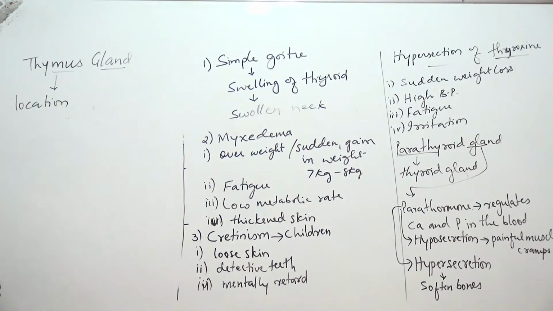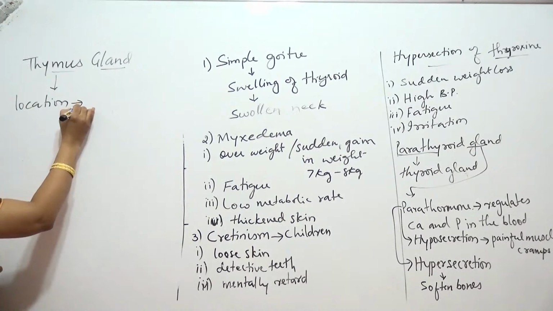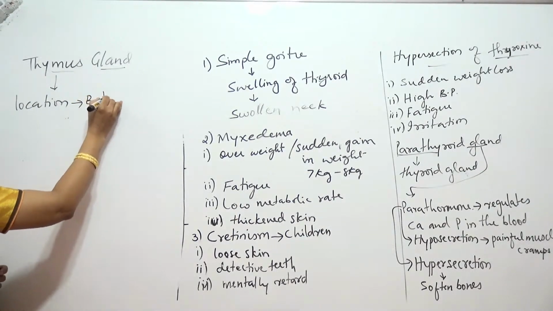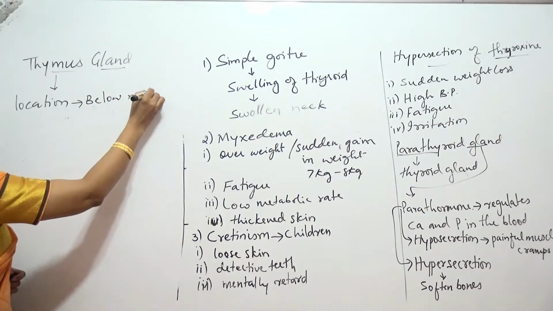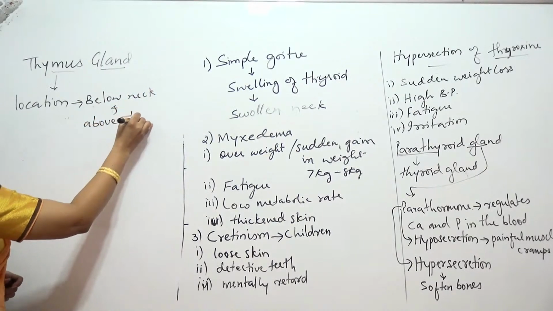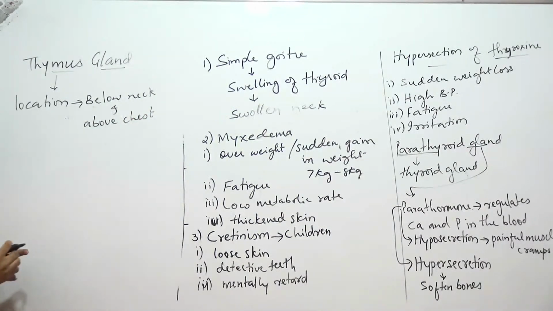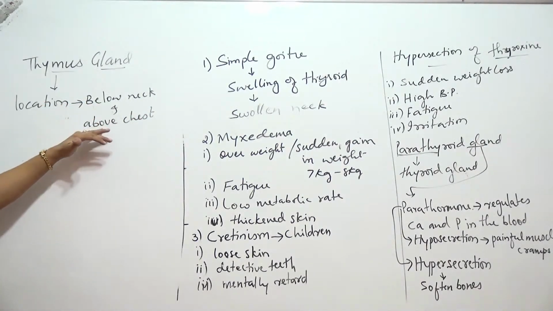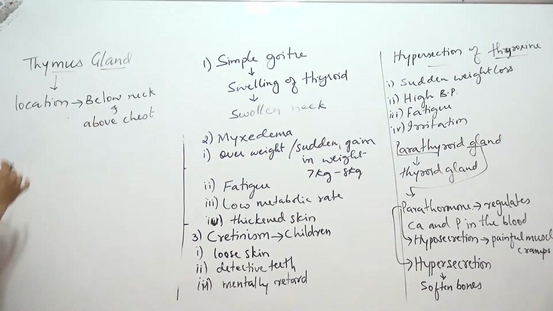The location for the thymus gland is below the neck and above the chest region. That is the location for the thymus gland.